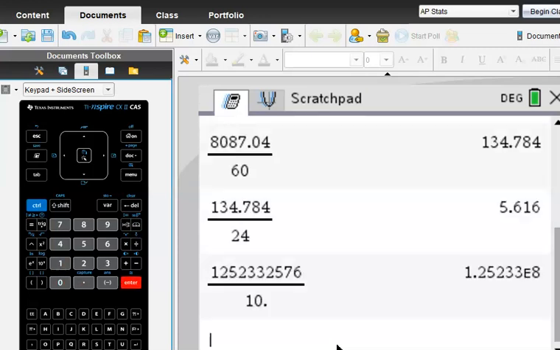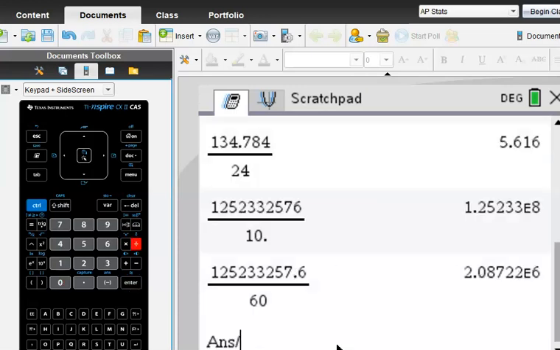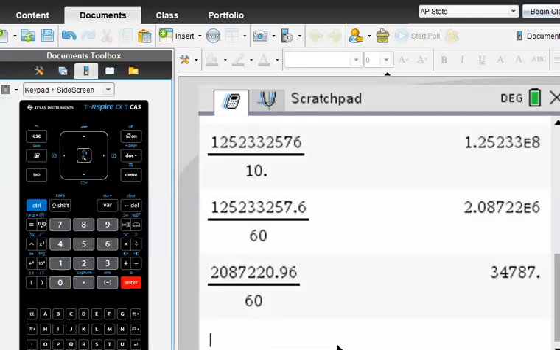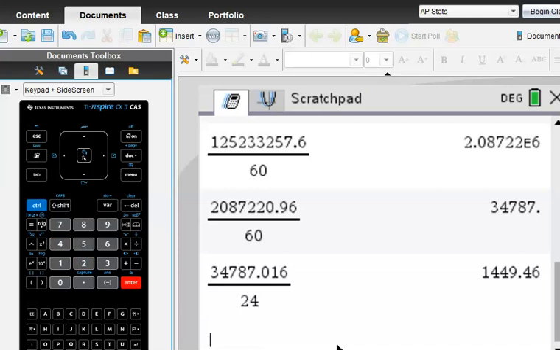So that's how many seconds it would take. Now let's divide it by 60 for minutes, divide it by 60 for hours, and divide it by 24 for days.